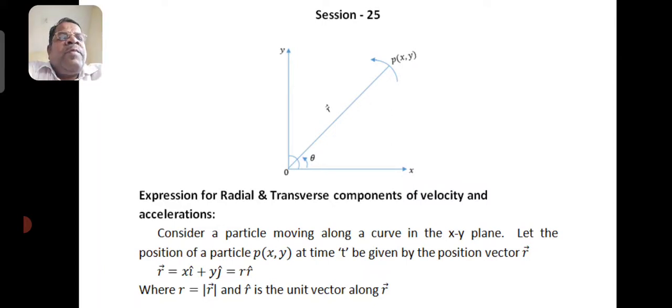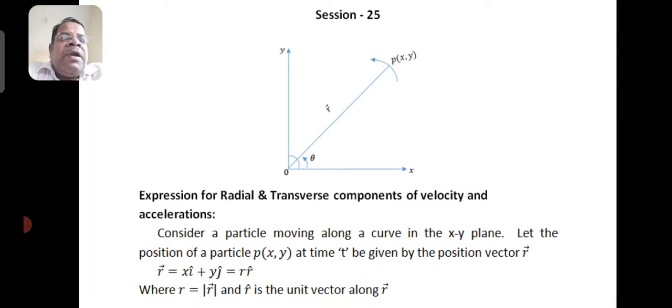Polar coordinates of the point P are r and theta. Cartesian coordinates of the point P are x and y. Now we have to derive an expression for radial and transverse components of velocity as well as acceleration.